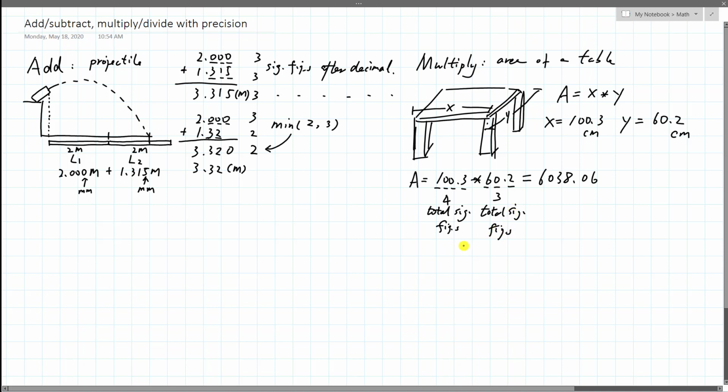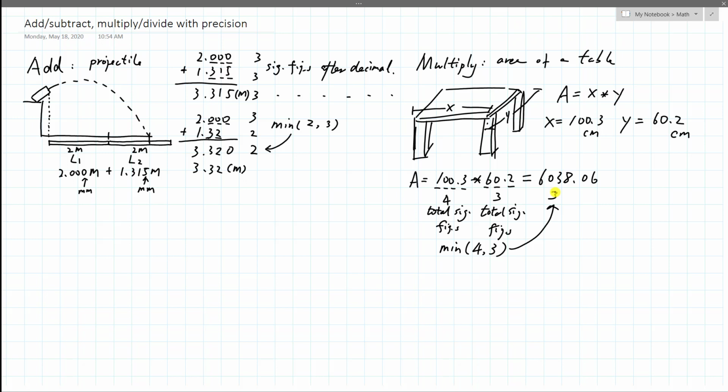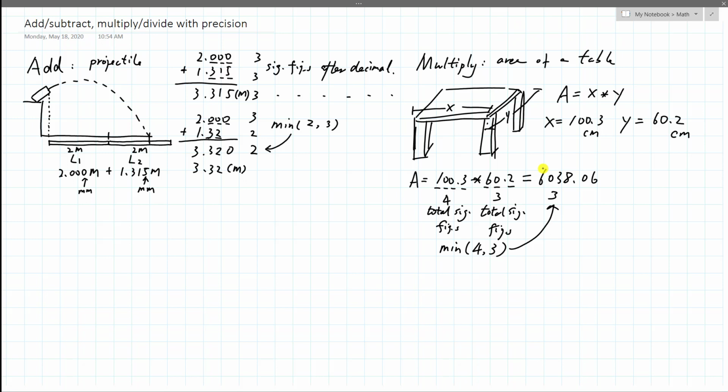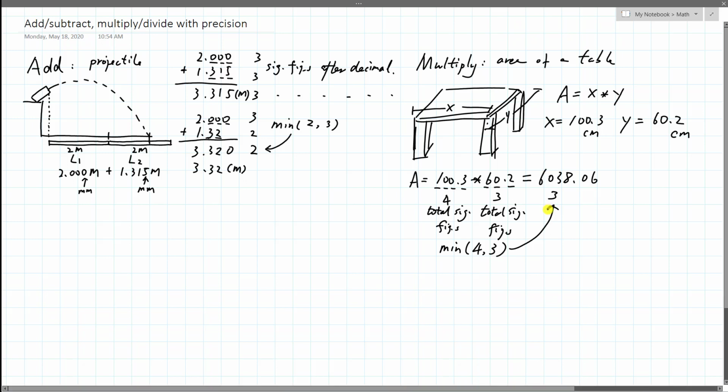Okay, so again we're doing a minimum between the total sig figs of the two numbers, and that should give a 3. So what this means is that when you multiply a number with fewer sig figs into a number with more sig figs, you're reducing the significant figures of the number with more. Okay, so now we're only able to keep 3.